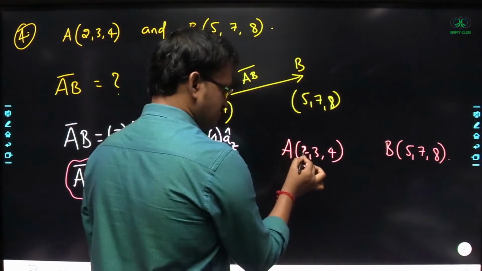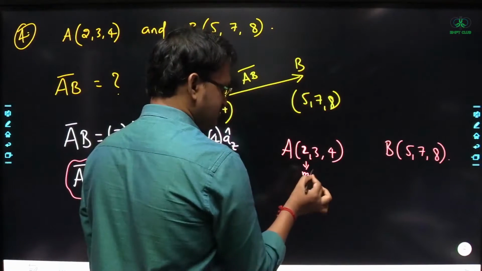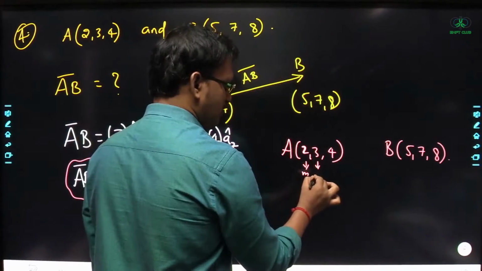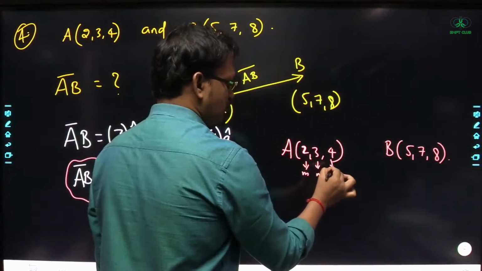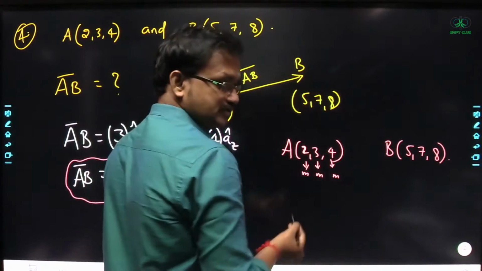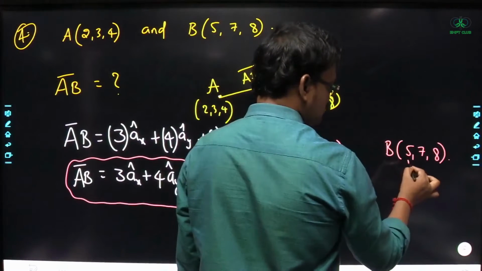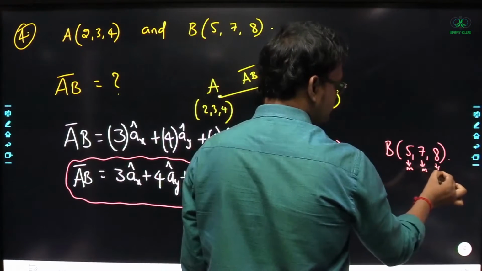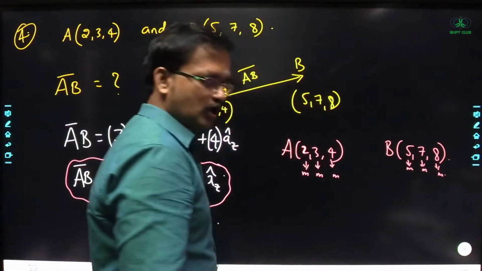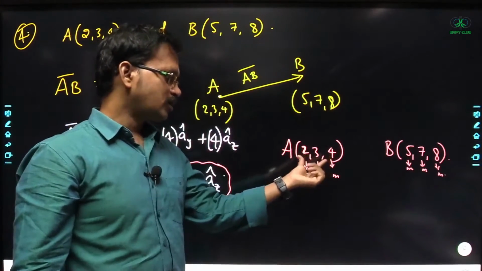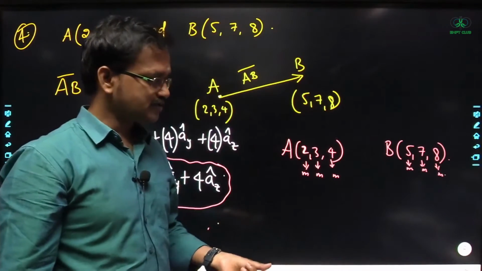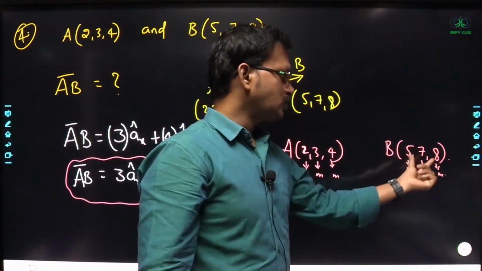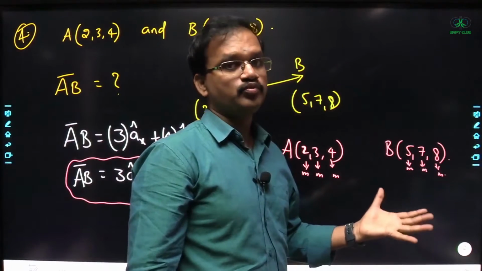This is the x coordinate; let us assume its units are meters. Then the y coordinate will also be in meters, and the z coordinate will also be in meters. For point B also, all three coordinates have the same units, that is meters.